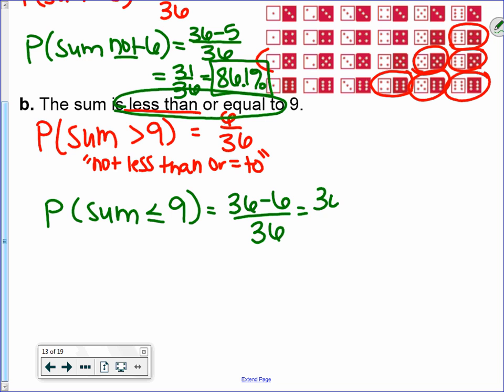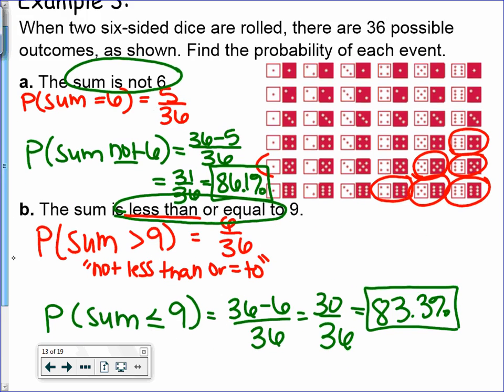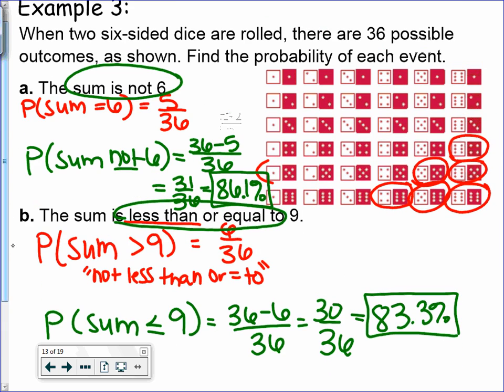So we have 30 out of 36, giving us a probability of 83.3%. So this would be an instance where finding the complement would be a lot easier because we were only talking about 5 or 6 instead of coming up with 30 or 31 of them. It's a lot easier to count the 5 or the 6 and then take the complement.